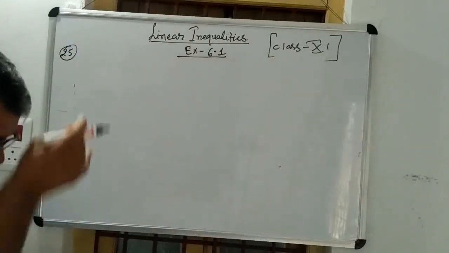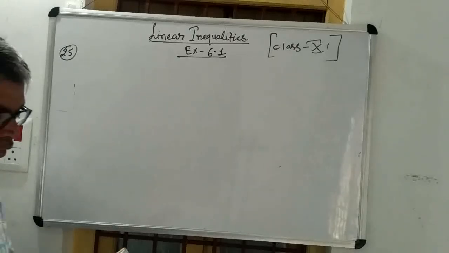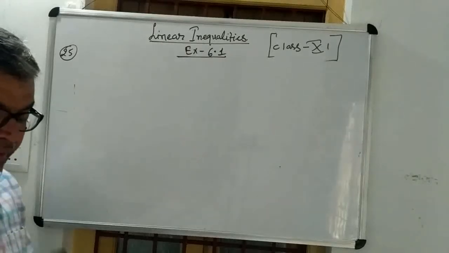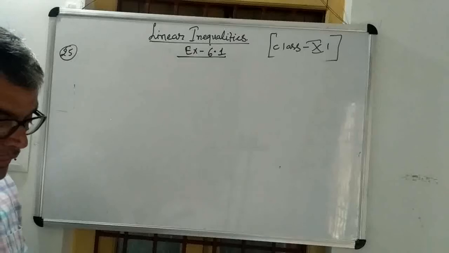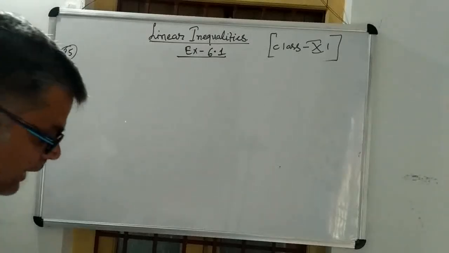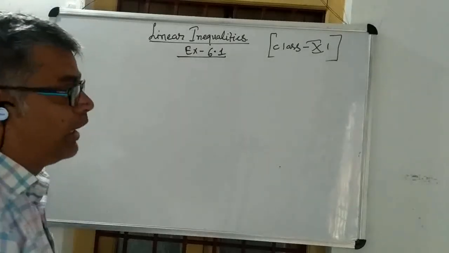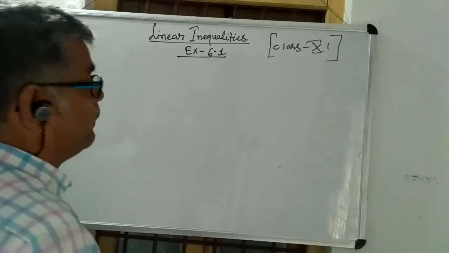The question is saying that the longest side of a triangle is 3 times the shortest side, and the third side is 2 centimeters shorter than the longest side. If the perimeter of the triangle is at least 61 centimeters, find the minimum length of the shortest side. So let's see how it can be solved.